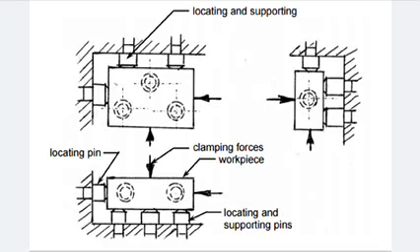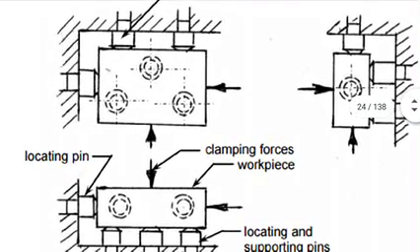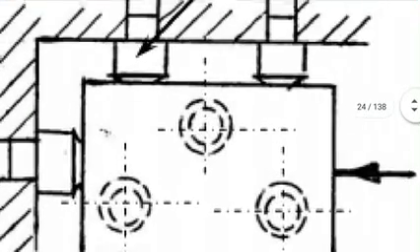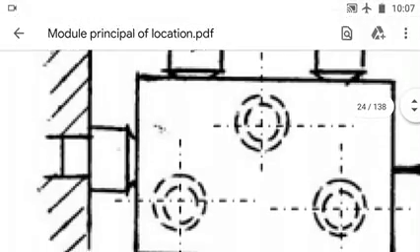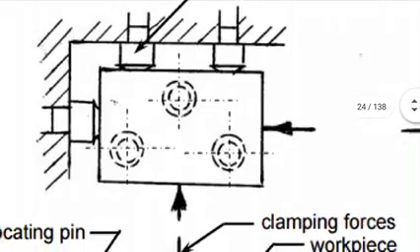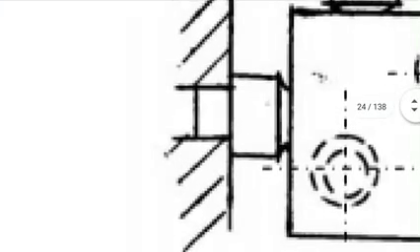Now you can see a component has been placed inside the body. There are locating and support pins. Number 1, number 2, and number 3 are the supporting pins. Now you can see the component cannot move towards the body. Why? Because there is support pin number 1. The component cannot move towards the right side of the body.